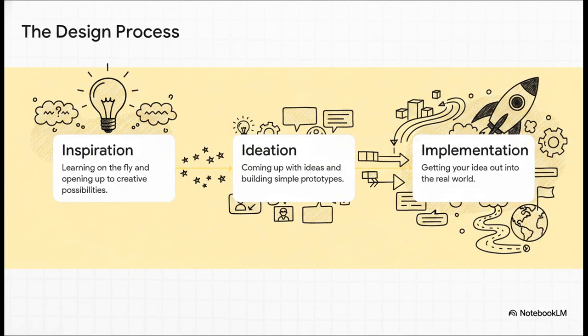So let's lay out what that actionable process looks like. We've got a 3-phase roadmap here. Phase 1 is inspiration, Phase 2 is ideation, and Phase 3 is implementation. This flow takes you all the way from that very first spark of understanding a human need, right through to delivering a finished solution into the real world. Let's walk through each one of these phases together.